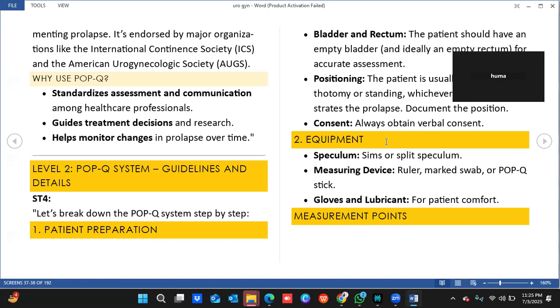Right. The advantage of this POPQ scoring system is that it has less inter-observational bias, and it also accurately stages the prolapse.